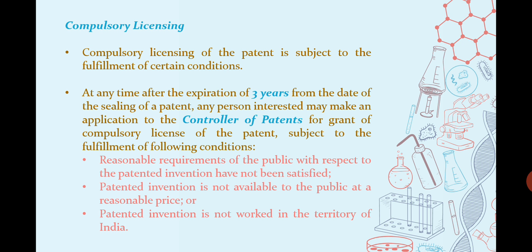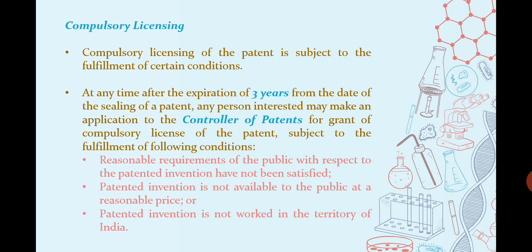If certain drugs are life saving, or if certain products are life saving, and if the patent holder is not providing access to such life saving products or drugs for the public, then in that case the government can obtain the compulsory license. Another condition is that the patented invention is not available to the public at a reasonable price. Let's say, taking ahead the same example, if the vaccination for coronavirus, let's say there's an injection for it, and every injection is costing 10,000 rupees.